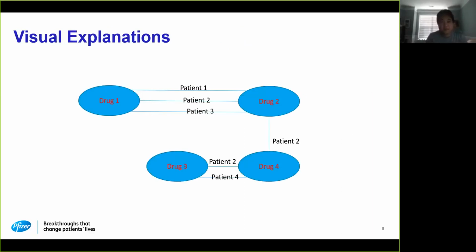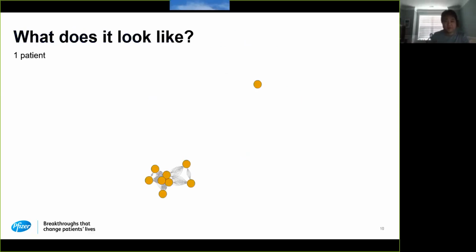So here's a visual explanation of what it will look like. I thought it might be easier to show you that, but this is basically what I just talked about. So what does it really look like when you try to visualize this? You see something like this. You see small clusters of patients and drugs, and you see one extra one right here, probably an isolated case.